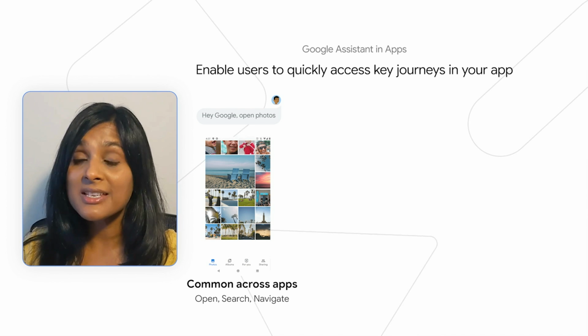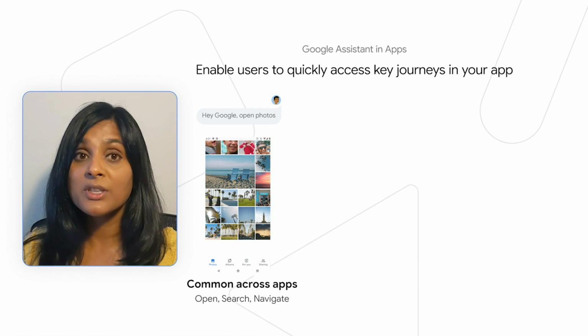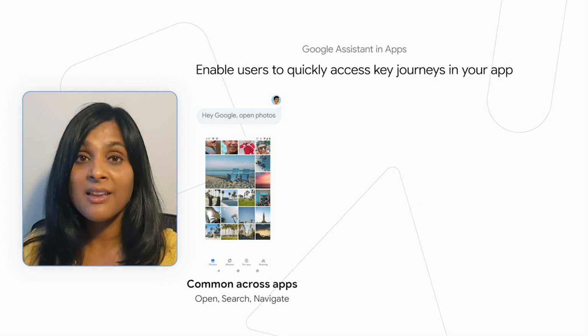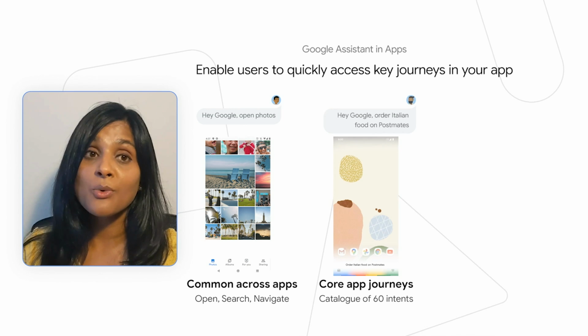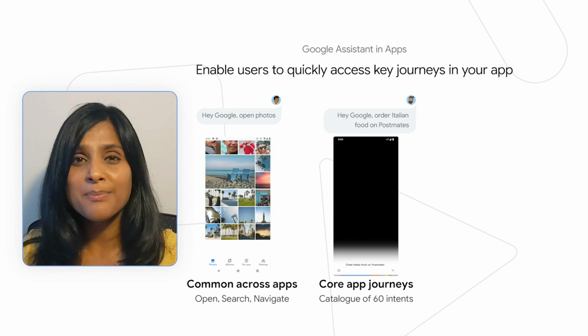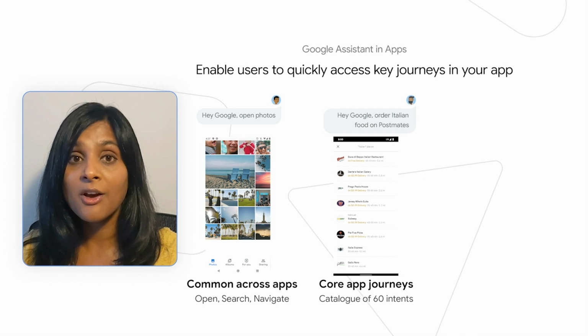Next, your users can access core app journeys with no taps or typing, thus reducing friction. So if you want to order food, you can simply say, "Hey Google, order Italian food on Postmates." It will remember the query you asked, in this case, Italian food, so you won't have to type it again.